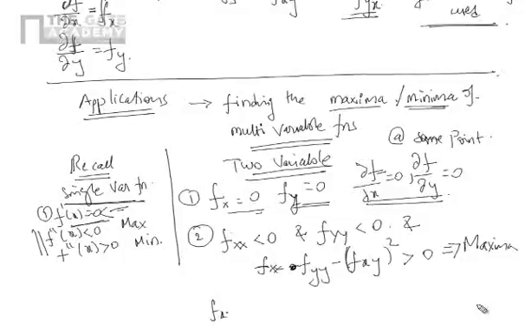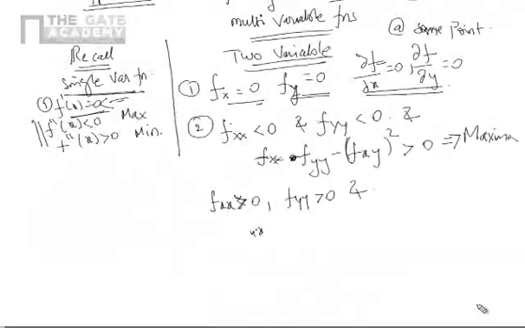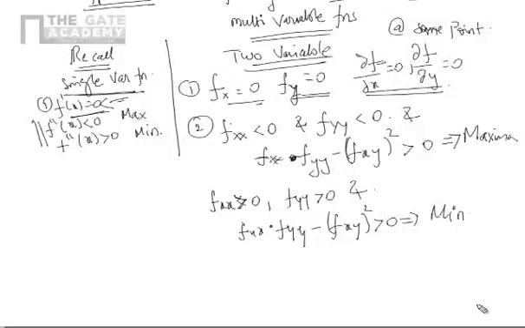Similarly, fxx is greater than 0, fyy is greater than 0 and fxx into fyy minus fxy the whole square is greater than 0, then it is called minima.